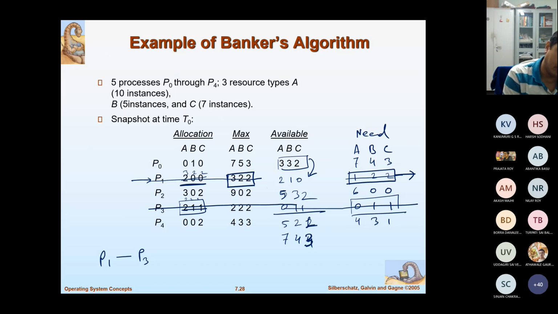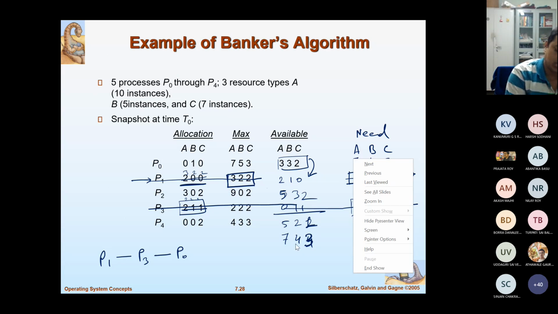What is my new requirement? Anyone we can execute. First, P0 will execute. So allow P0 to be executed. Do the same operation. Available is 743 and the requirement is 000.